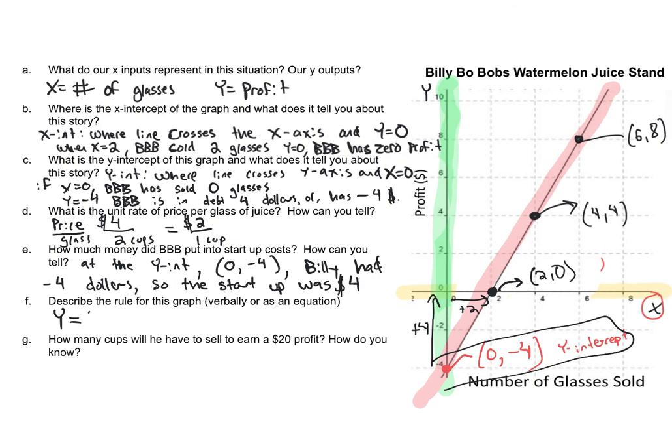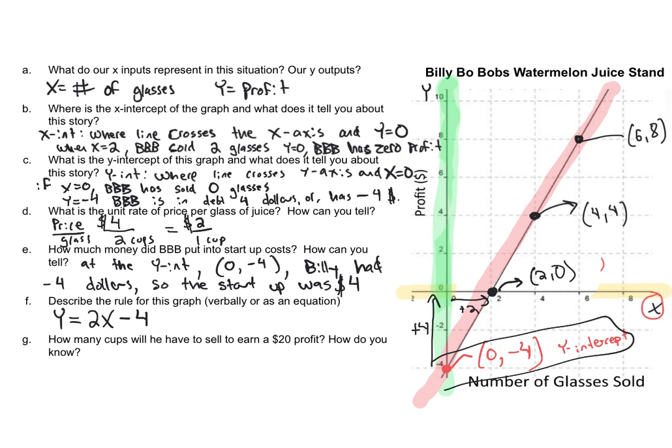So it's going to be 2 times our x. But we have to remember that we started in the negatives. Our y-intercept was -4. So as we sell juice, we have to subtract that $4 that we already spent. So the amount of profit we earn is $2 for every glass of juice we sell, but minus that $4 we used to get set up.